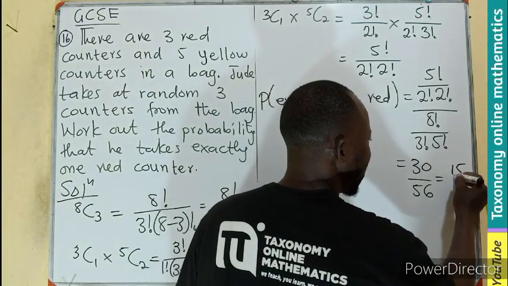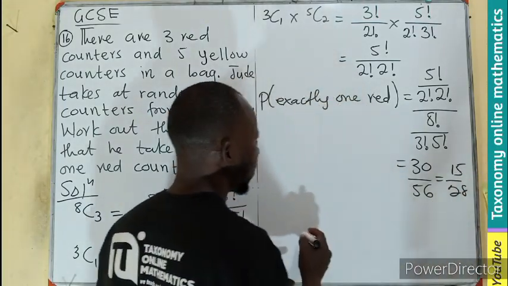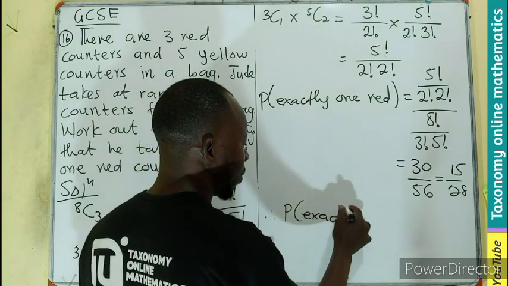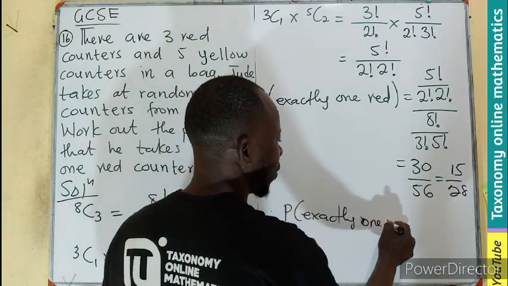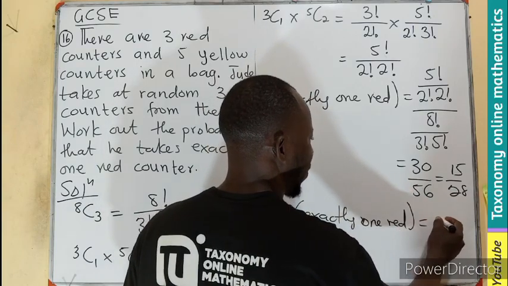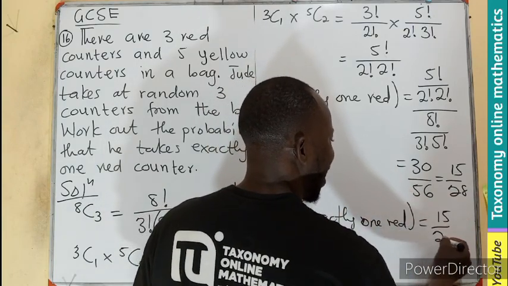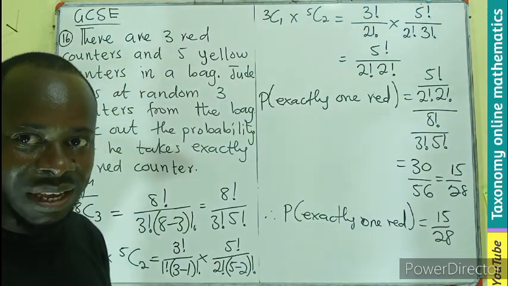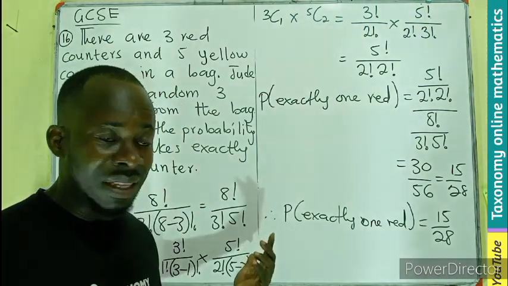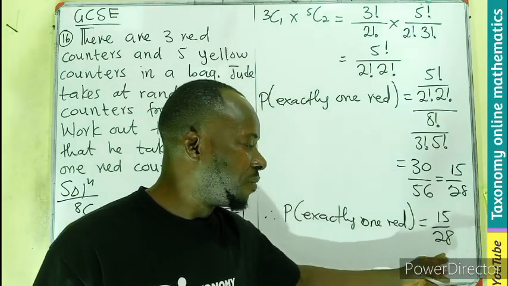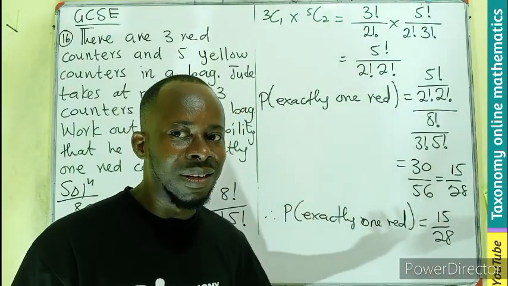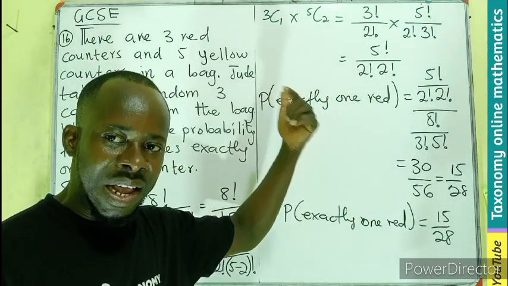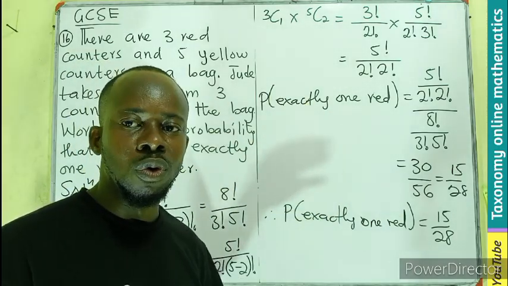The top will be 15, then 28. So therefore, the probability of selecting exactly one red will be 15 out of 28. You remember the first method, we also arrived at 15 out of 28.